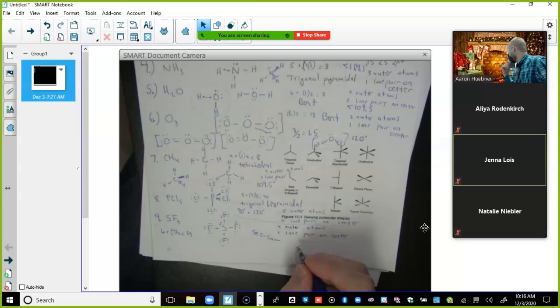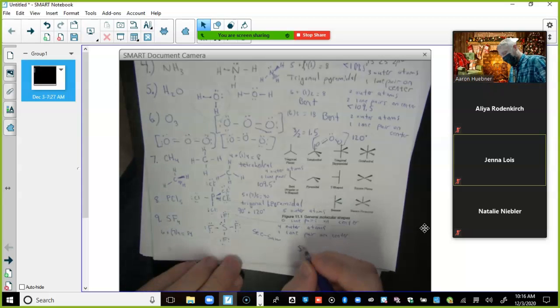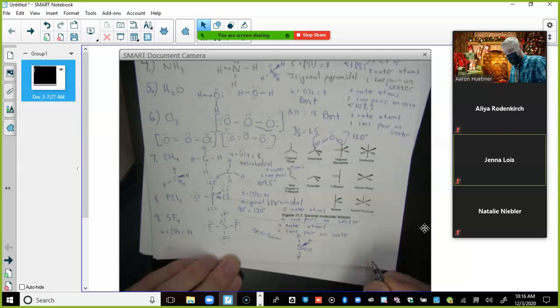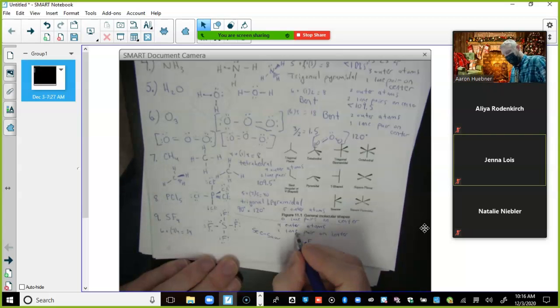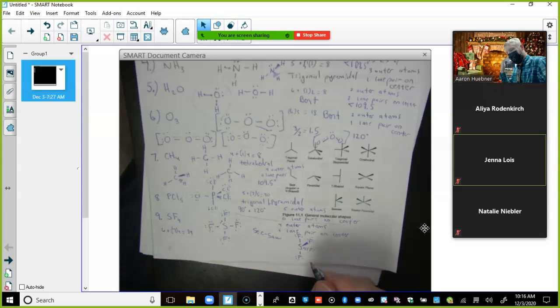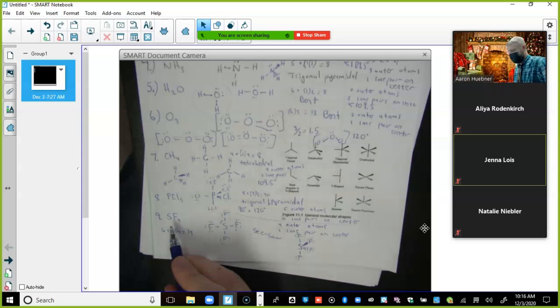Yep, on the test it's going to say draw the 3 dimensions of it. So we got fluorine, and then you put all the dots. But it might be hard to know right away that it's seesaw just by looking at it.